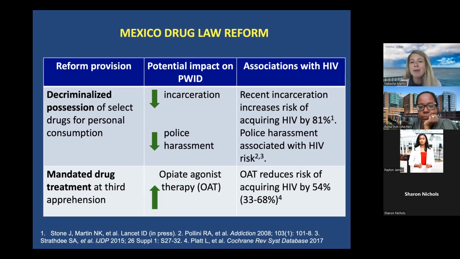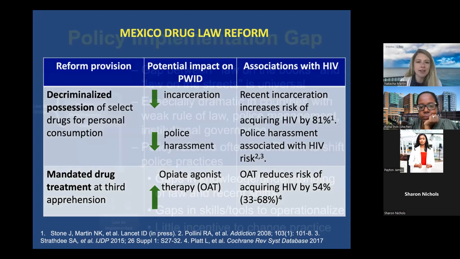As well, there was a mandate for drug treatment at the third apprehension. If that drug treatment was evidence-based opiate agonist therapy, we know that it reduces the risk of acquiring HIV, so any expansion of it would reduce HIV transmission. So this was our theoretical framework.